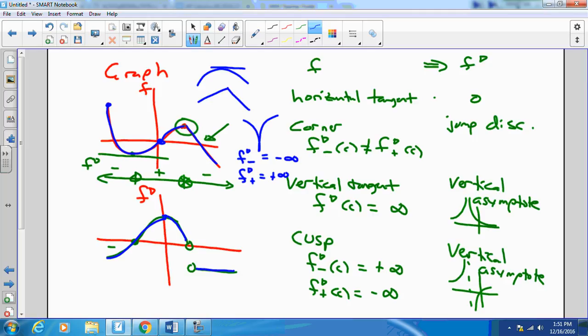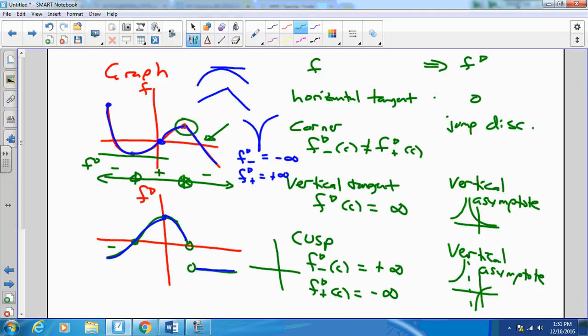So the cusp over here? So this is f, and these are the implications about f prime. So don't try to match this to this.